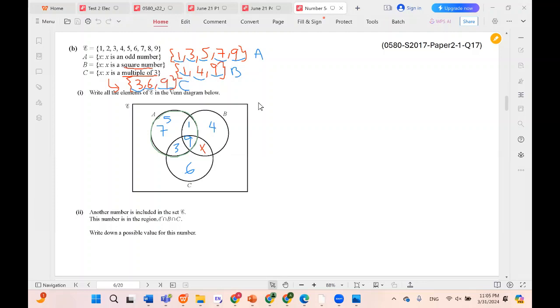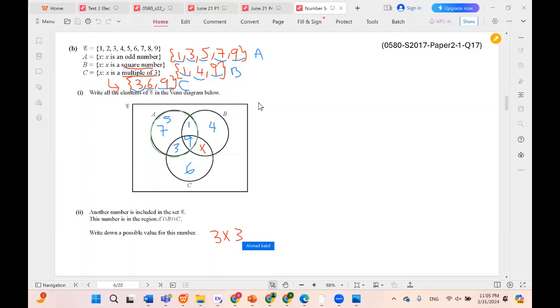So try to think of this in terms of prime factors. For example, we know that this number is a multiple of 3, so it's 3 times something. We also know that this number is a square number, so it has to have another 3. In order to be a successful square number, it has to have another 3.